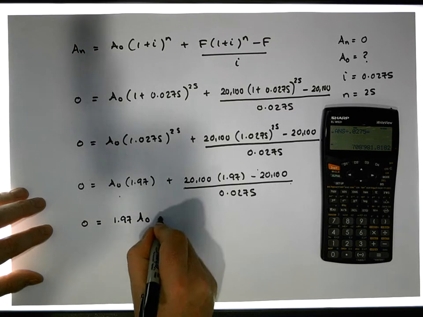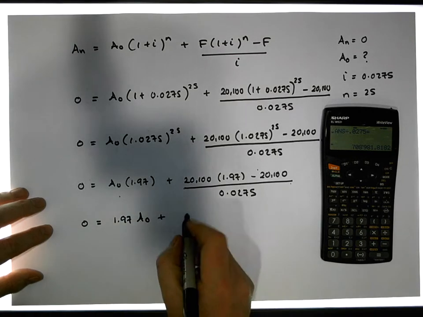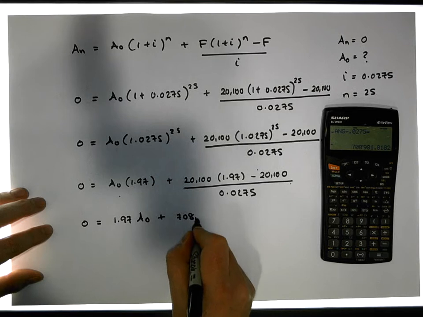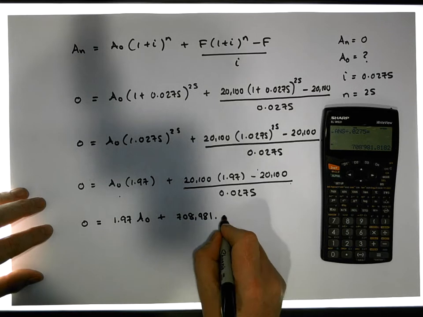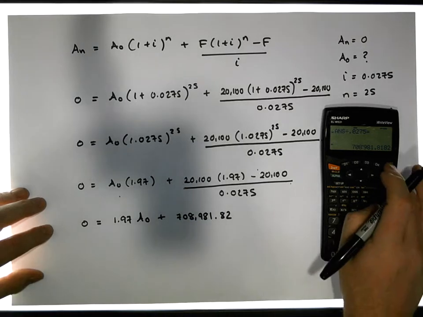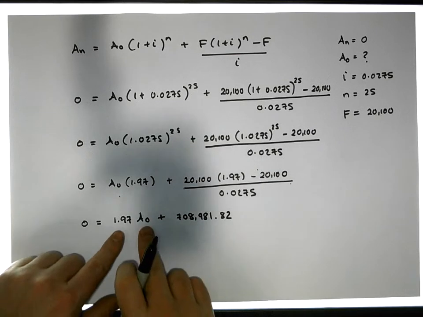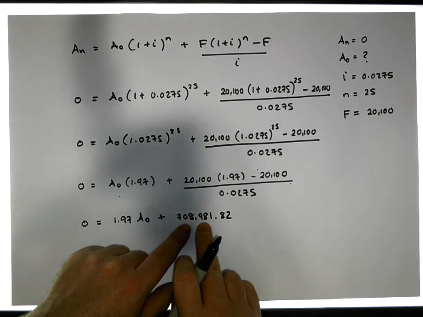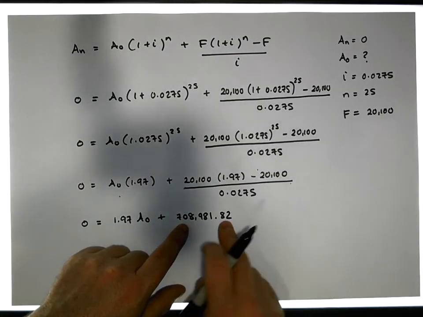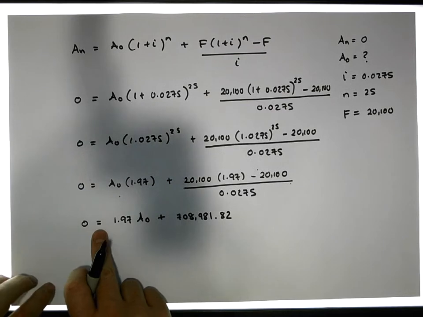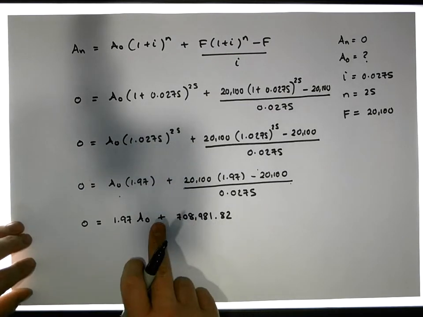Plus this whole value here, 708,981.82 rounded to two decimal places. Okay, now to solve for a0, let's bring 708,981.82 over to the left hand side of this equality. So it's going to flip sign from positive to negative.